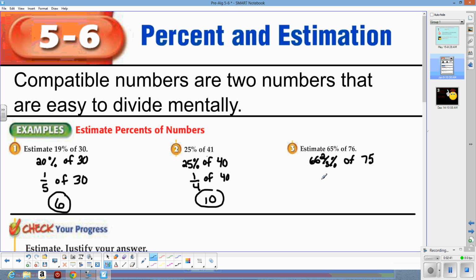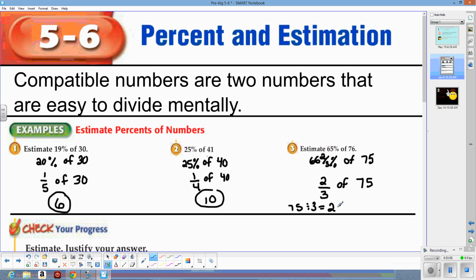So 66 2/3% is the same as the fraction 2/3. And then 2/3 of 75. First, I would do 75 divided by 3 to figure out what 1/3 is. So 75 divided by 3, and that's 25.